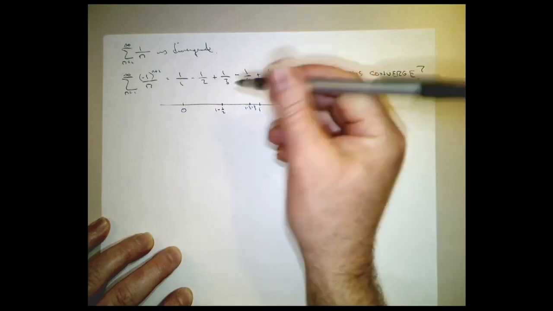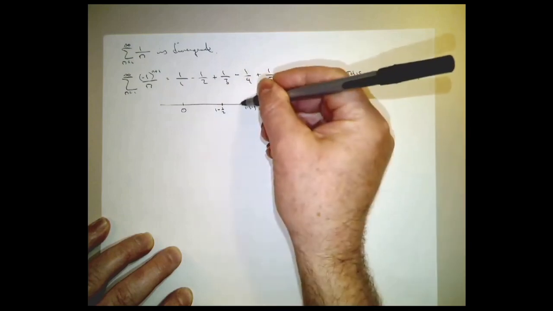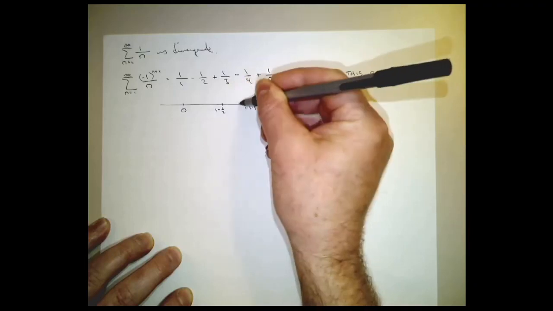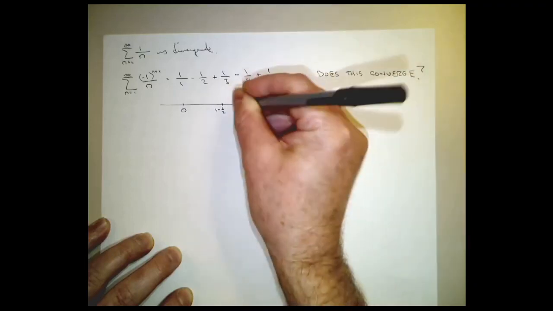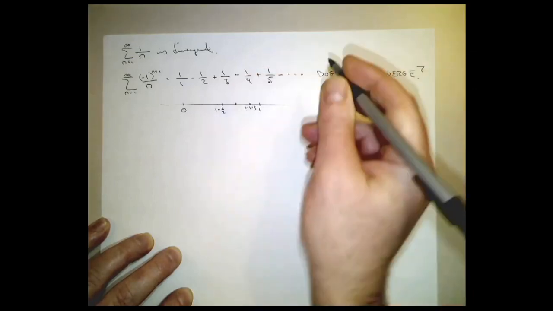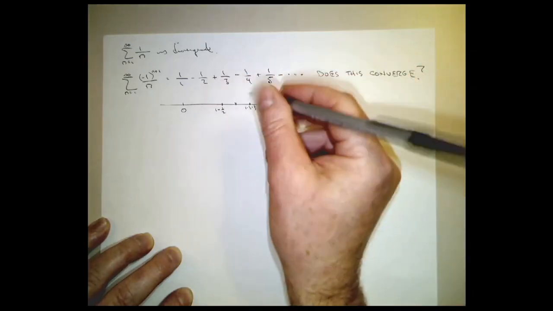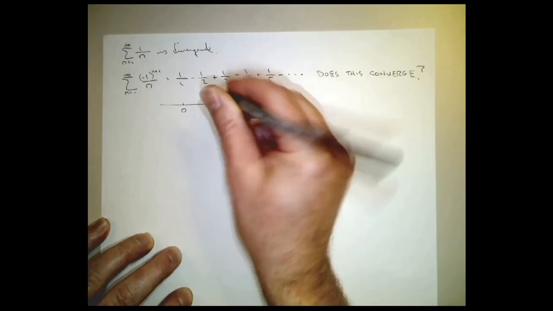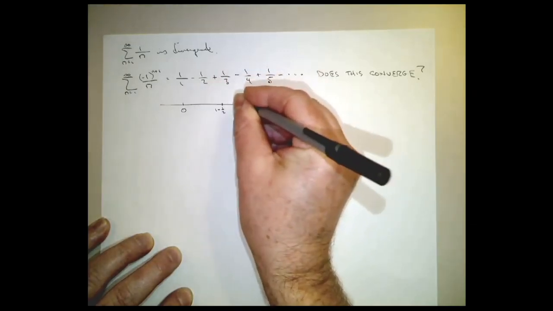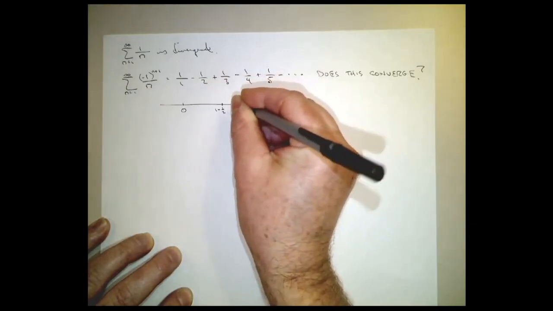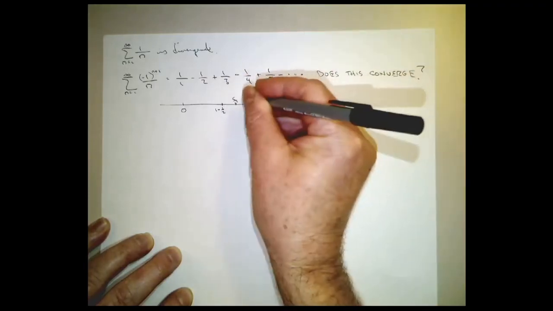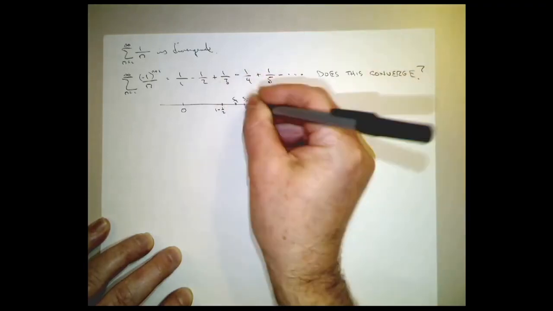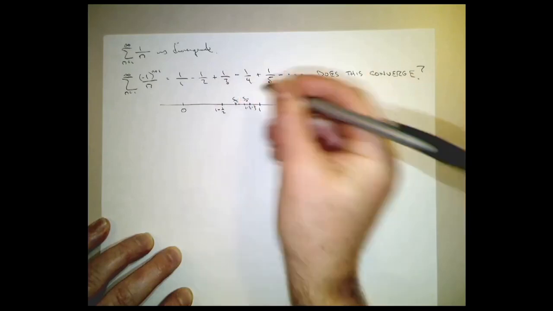Let's see, a fourth is that distance right there away from there. So it looks like maybe there. So that's the fourth partial sum. It's getting inconvenient to write all the terms, so I'm just going to write S4 to mean the fourth partial sum. Add a fifth, subtract a sixth, and so on.